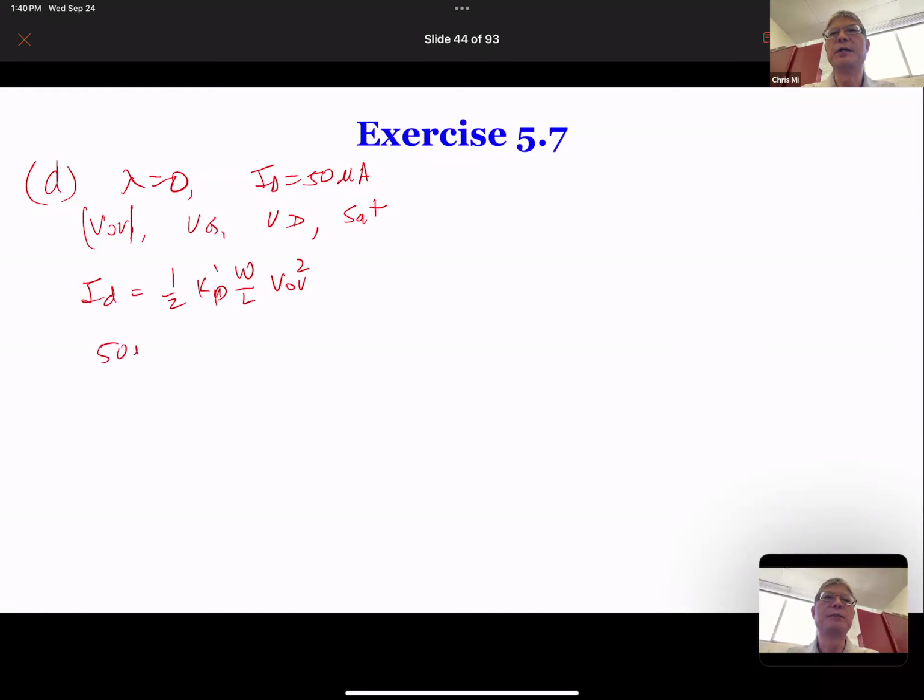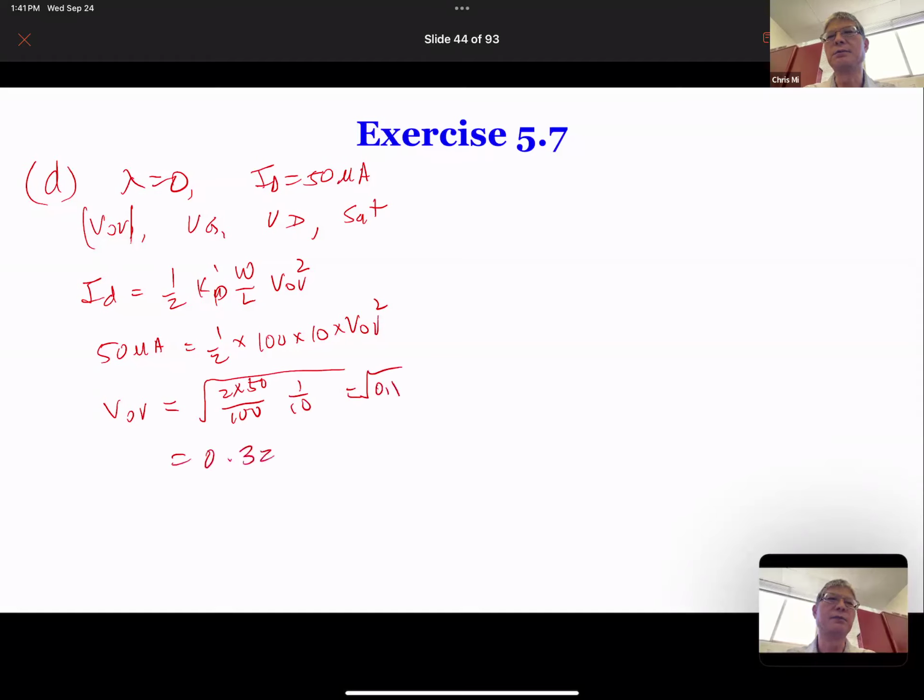So ID is 50 micro, equal to 1/2 times Kp, which is 100, W over L is 10, times VOV squared. So we can easily find VOV: square root of 2 times 50 divided by 100 and then divided by 10. That's 0.1, which gives you roughly 0.32 volts. That's VOV.